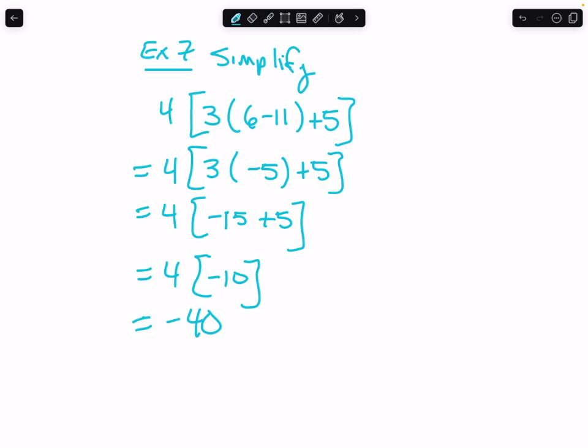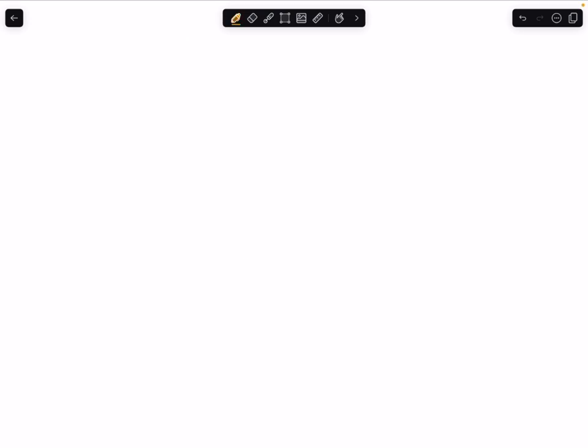Okay, let's sort of mix it all together and do one that has multiple grouping symbols and operations with exponents. Let's do a little more complicated example. Okay, example 8. Same instructions, still simplifying.